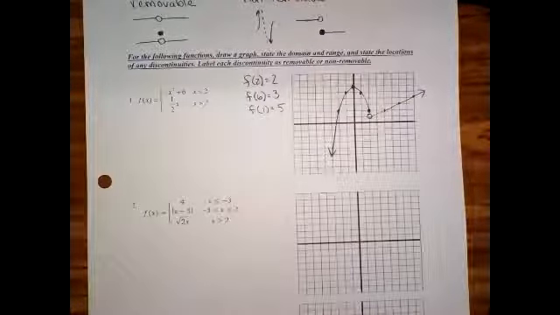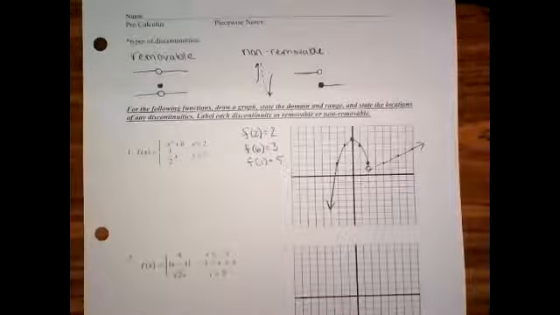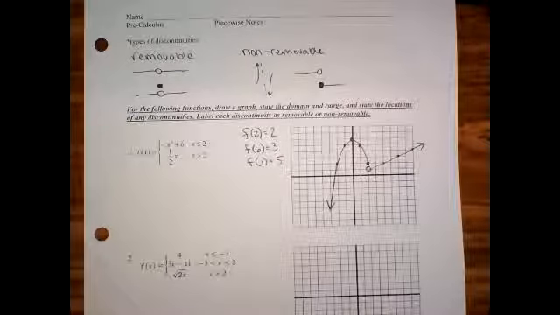So is this graph continuous or discontinuous? Discontinuous, good. And we're going to state removable or non-removable. So could you fix it just by putting a point back in? Like if I just stuck a point back in the graph, could I make it connect again? No, there's an actual jump.